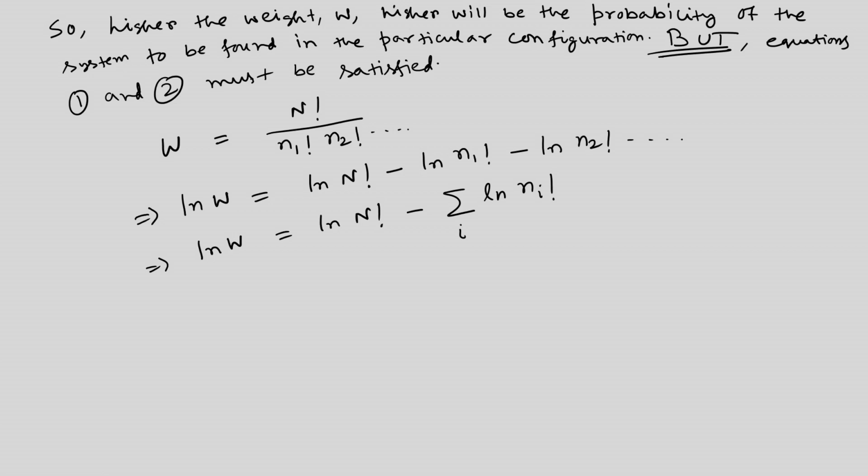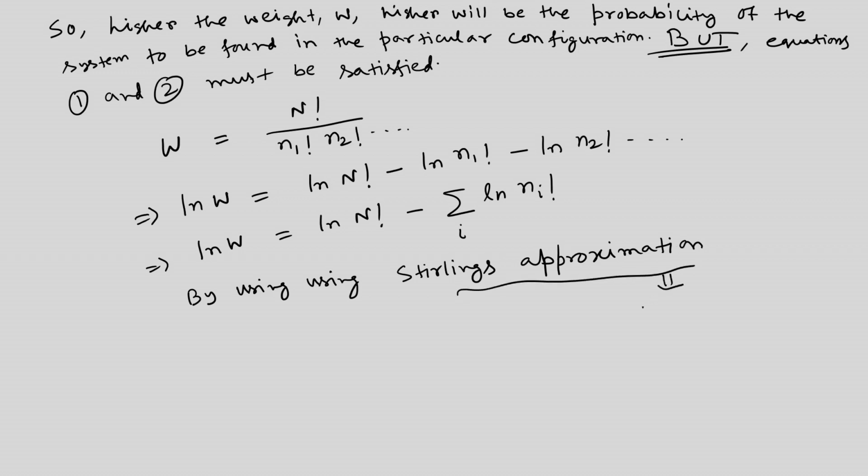Now, we use Stirling's approximation. So, what is Stirling's approximation? Stirling's approximation says ln x factorial is x ln x minus x when x is very large.